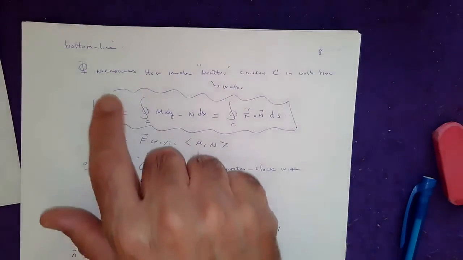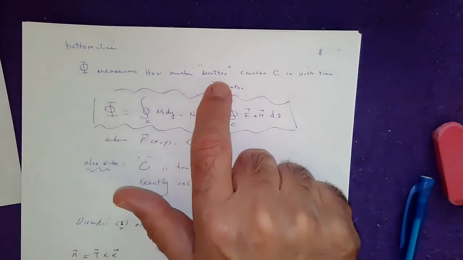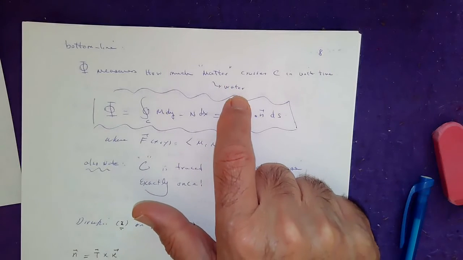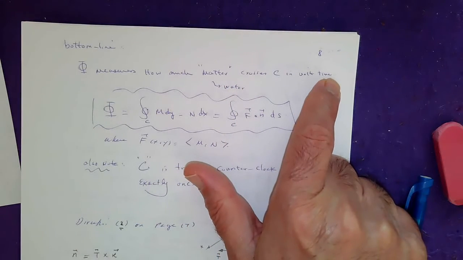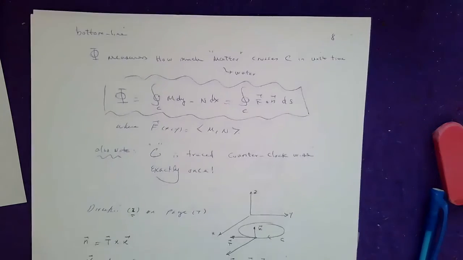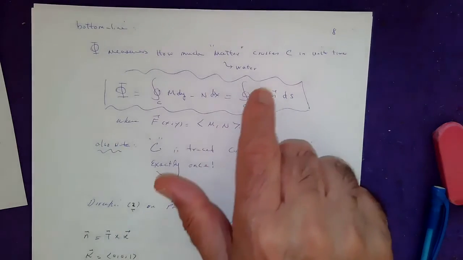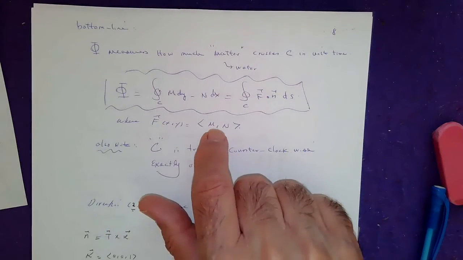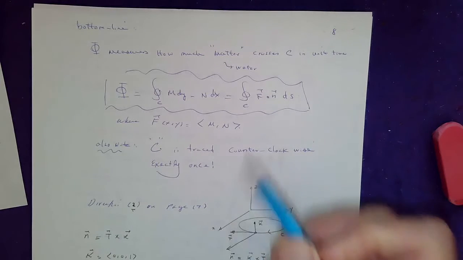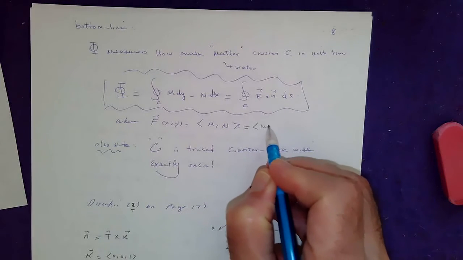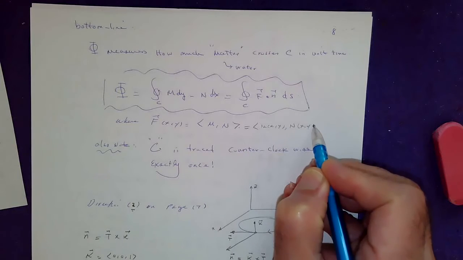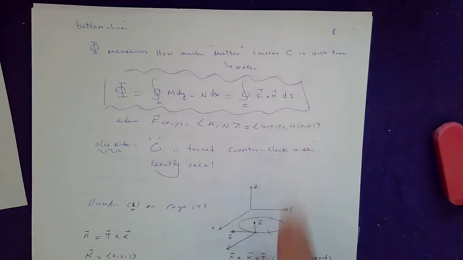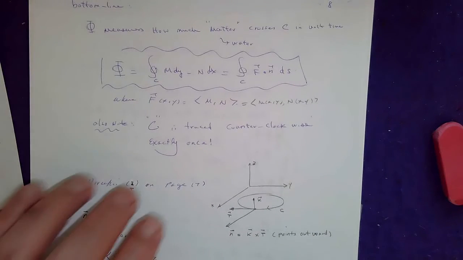Well, the bottom line is flux measures how much matter, let's say water, crosses C in unit time. As I mentioned, like so many gallons per minute. If the vector field is M, N, remember M is a function of x, y, so is N. As a matter of fact, some books might call it P and Q. That's not important.